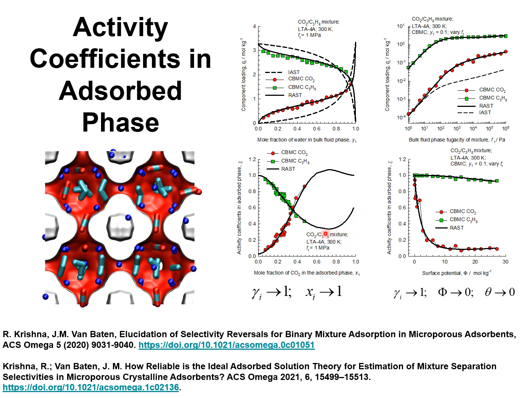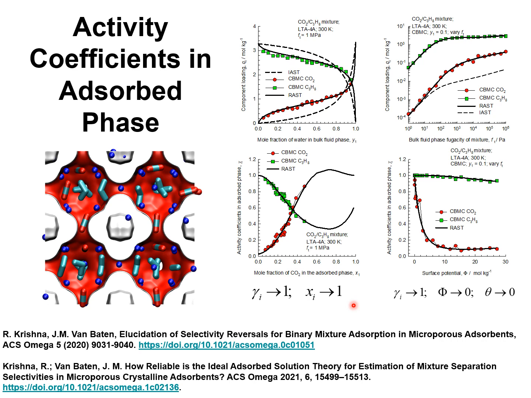As the mole fraction of propane increases to unity, in other words, the CO2 in the bulk phase is practically 0, then the activity coefficient of propane is unity. So we have gamma i tends to unity when xi tends to unity. This is the same as for bulk liquid mixtures.